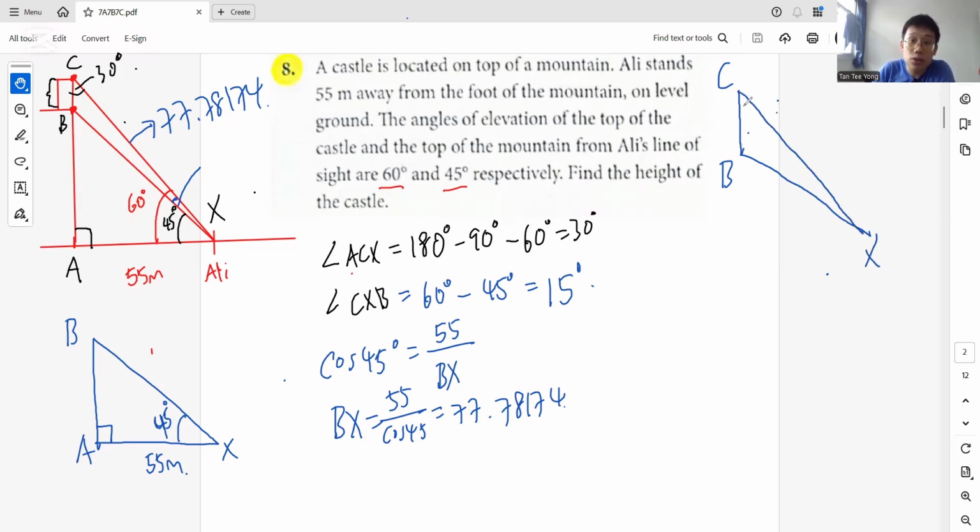So this is X. We want to find BC, and we know CXB is 15 degrees, and we know BX as well. Oh wait, I think I wrote the wrong thing. So BX is not CX, sorry. BX is supposed to be 77.78174. It's not CX. Let me write it here.